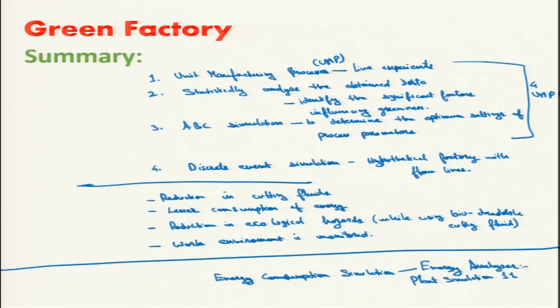Okay, this is done using energy analyzer in plant simulation 11 and above versions. So, let us try to see this video and see how energy analyzer and the tools like these can be beneficial, and this is an add on to what we have learned in the previous lectures on green factory simulation. So, let us watch this video.